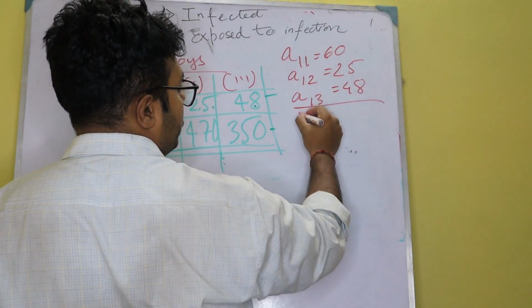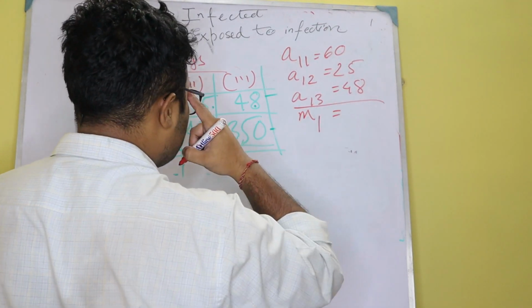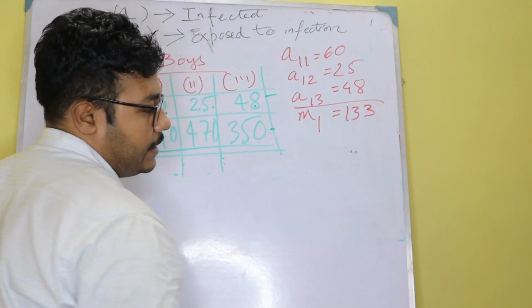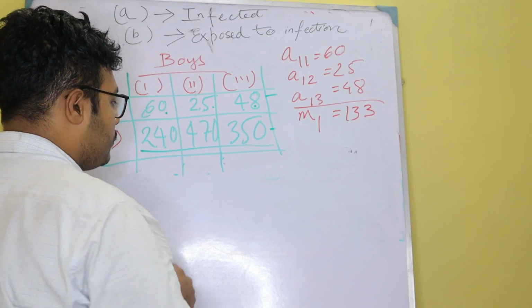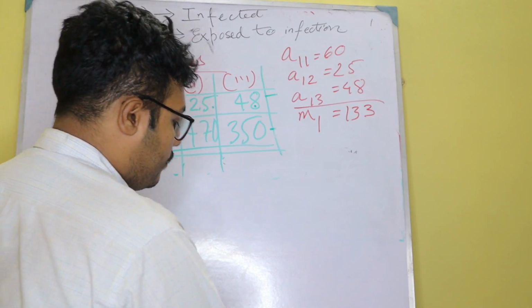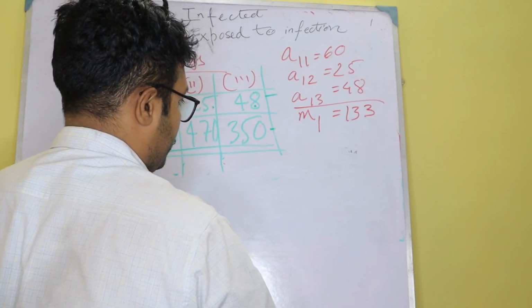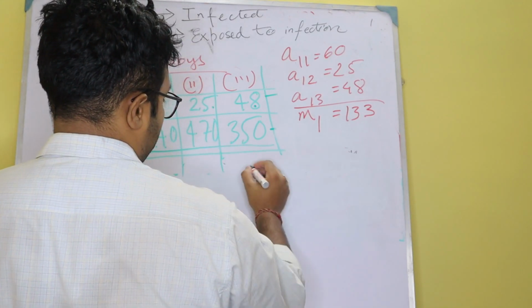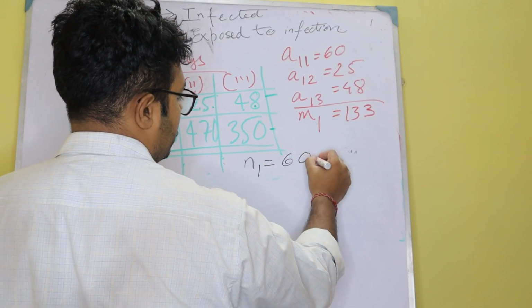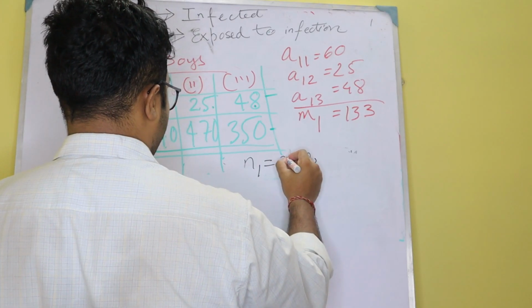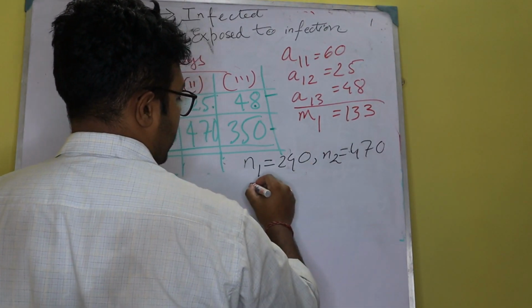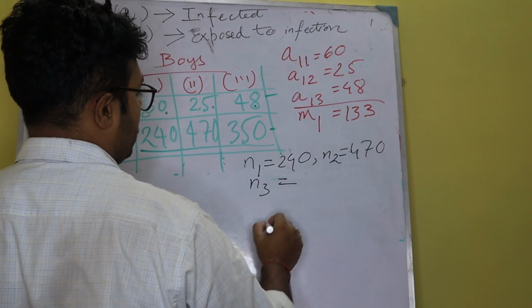So that if we sum them up, we get M1 which is equal to 133, right? Now if we do for the next row, we get N1 is equal to 240, N2 is equal to 470, and N3 which is equal to 350.